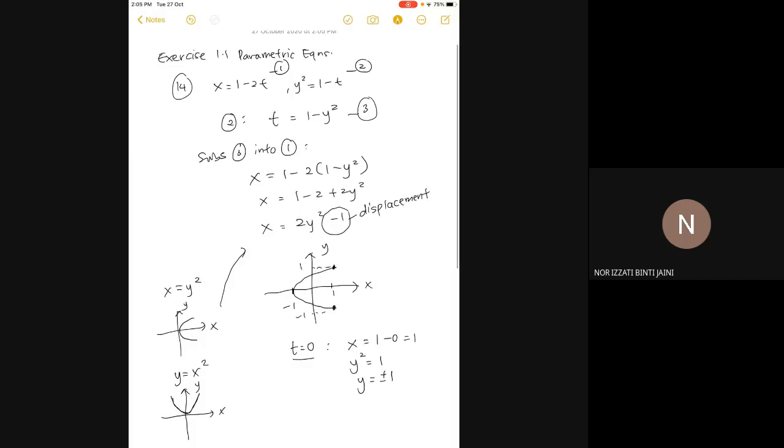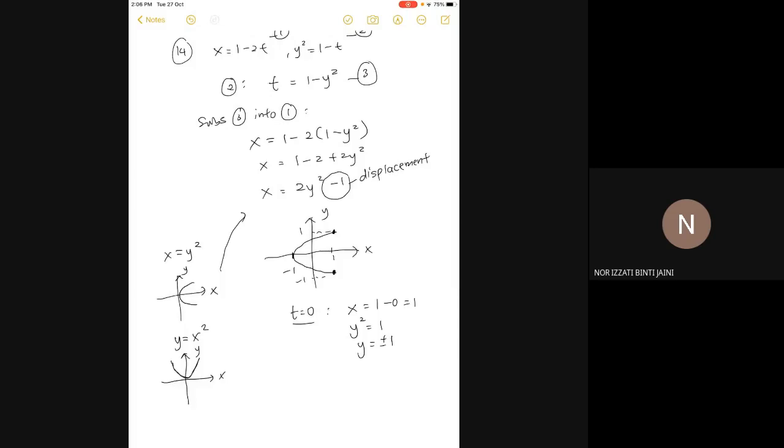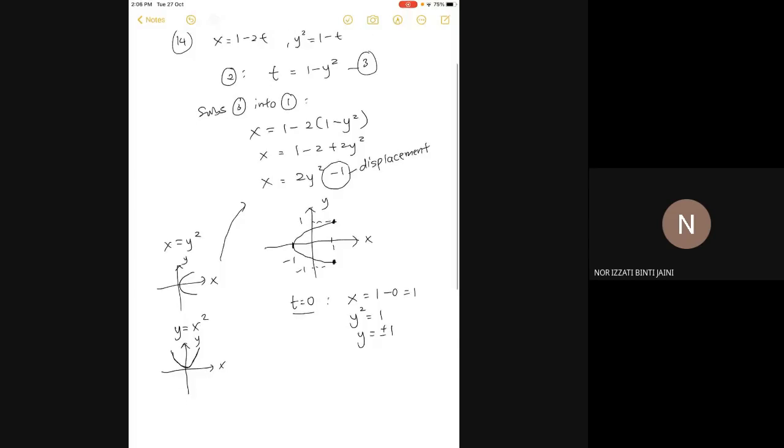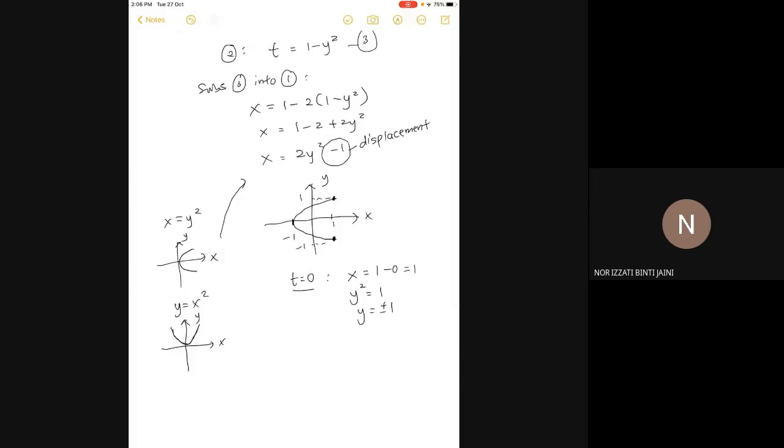Okay, so kalau dah macam ni, kita tahu dah dia akan jadi pendulum. You know, pendulum is like the swing. It swing from upper to lower. Okay. Pergi bawah and then dia naik atas balik. So this is the answer for number 14.